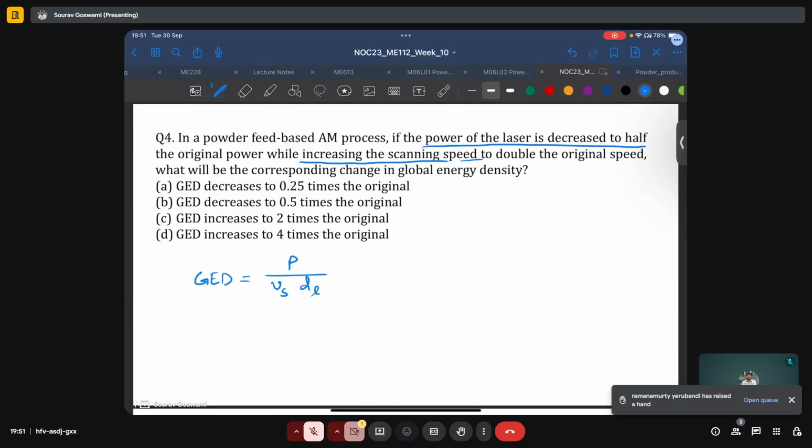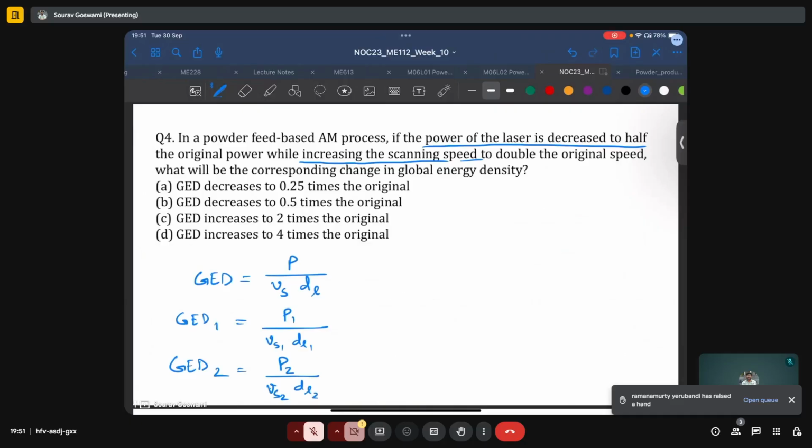We are told that the power of the laser is decreased to half the original power. So assuming that for the first case, GED1 is simply equal to P1 by Vs1 dl1, and GED2 will be equal to the corresponding power by corresponding scan speed and corresponding laser spot dia.